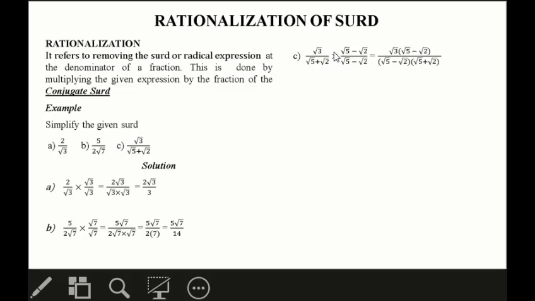So that means we multiply this whole fraction by the conjugate of the denominator in a fractional form. So root of 3 divided by root of 5 plus root of 2 times root 5 minus root 2 divided by root 5 minus root 2. So you can see that the denominator over here is the conjugate of that. Have you seen that? Good.